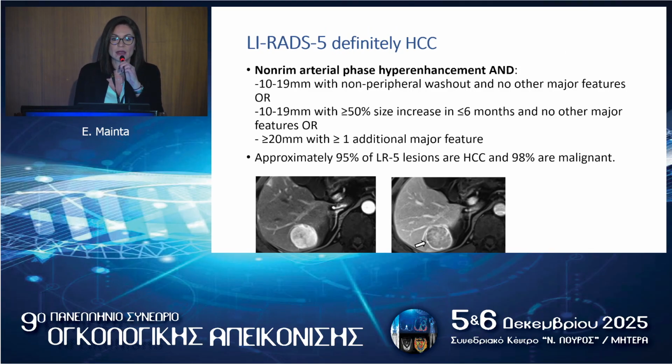And then we have the LI-RADS 5 category, which is definitely HCC lesions. We can see non-rim arterial phase hyperenhancement, and in lesions measuring 10 to 19 millimeters with non-peripheral washout and no other major features, or in lesions 10 to 19 millimeters, again, with 50% or more increase in size in 6 months or less and no other major feature, or in lesions equal to or larger than 20 millimeters with one or more additional major feature.